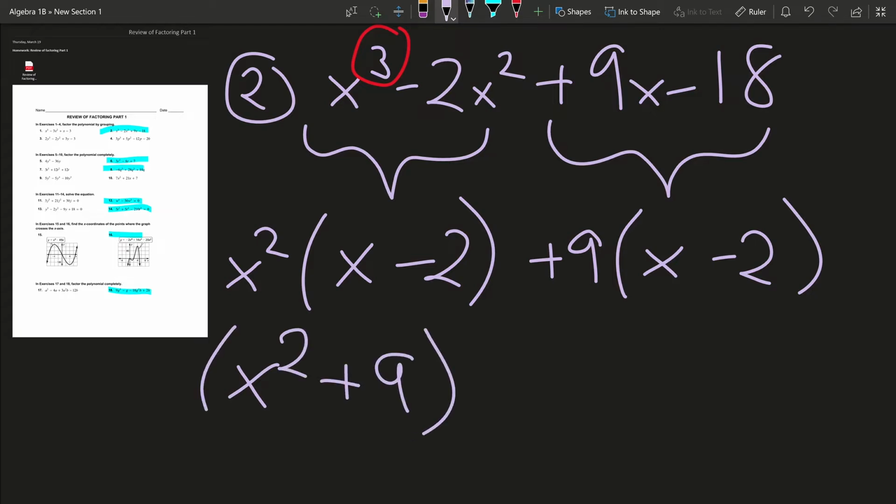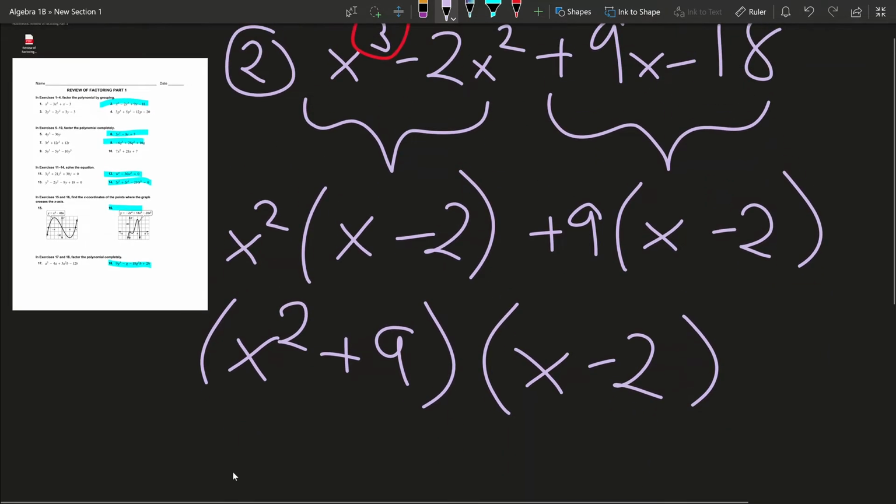We have x squared plus 9 and x minus 2. From here, therefore, this is all we need to do. X squared plus 9 times x minus 2.